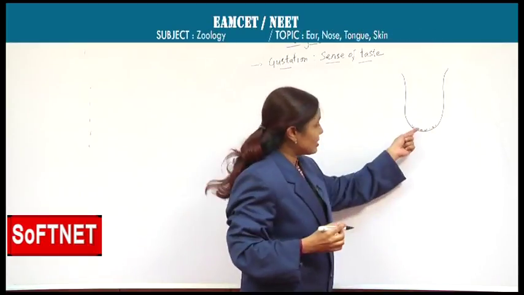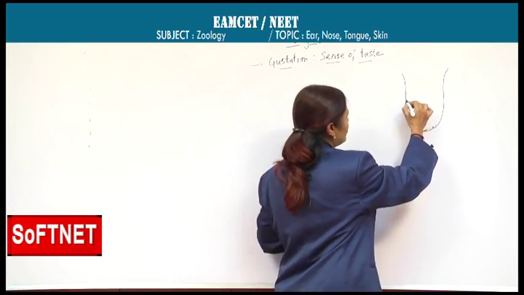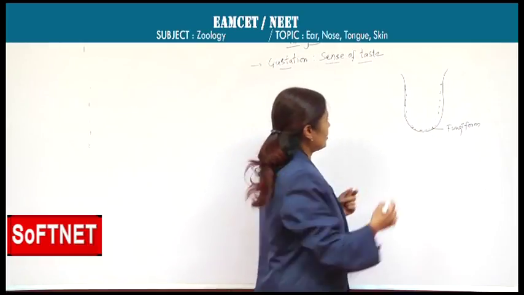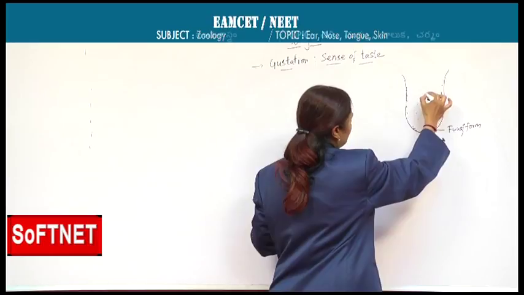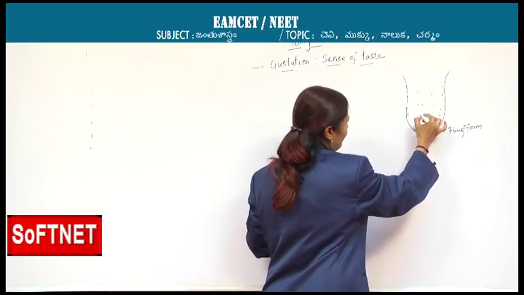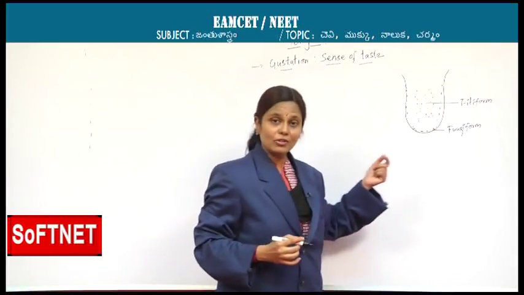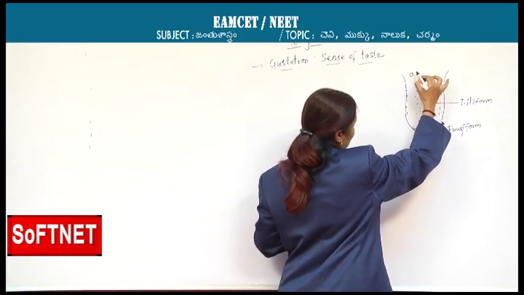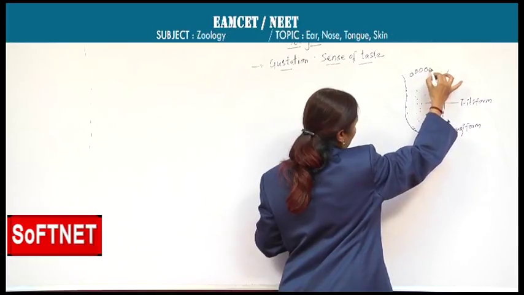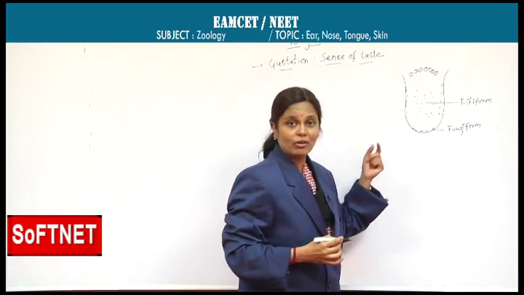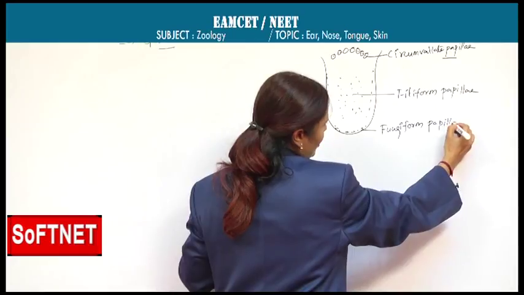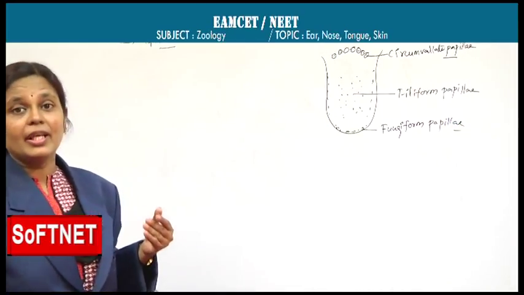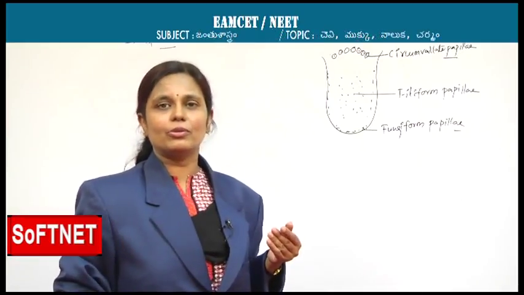Fungiform papillae present at the tip and margins of the tongue. Then you also studied filiform papillae present on the surface of the tongue, and the 3rd important type, circumvallate papillae present at the base of the tongue. They are nothing but sac-like structures present on the surface of the tongue, giving a rough appearance to the tongue.